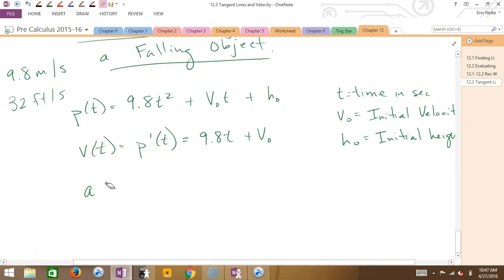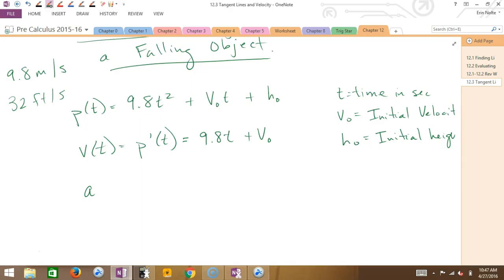Initial velocity. Why do you add initial velocity? Okay, so this would be how fast is it moving? Let's say I throw the ball into the air and I want to figure out how fast it's moving after 1 second of time.